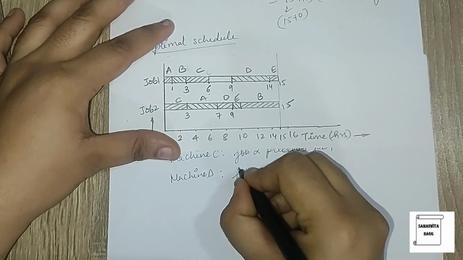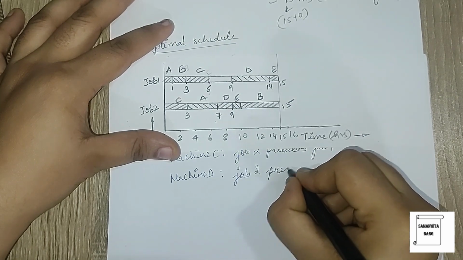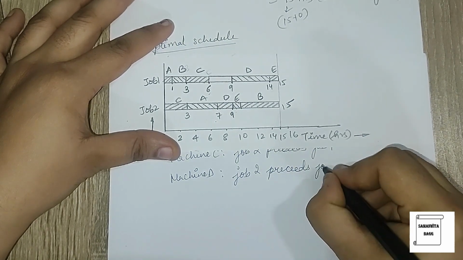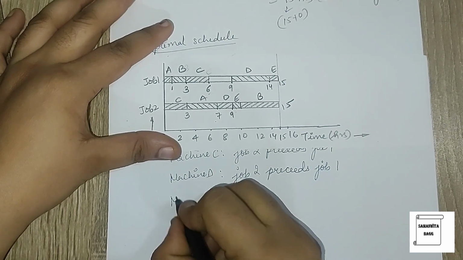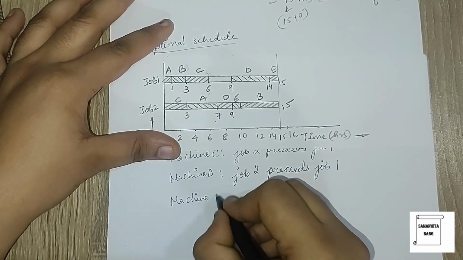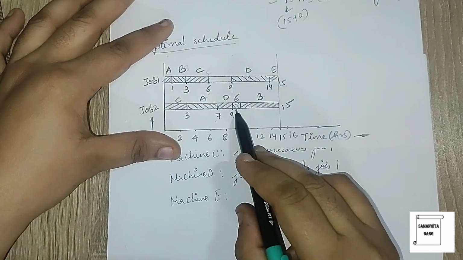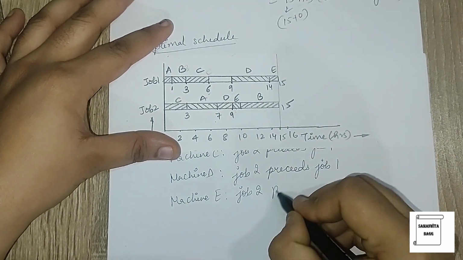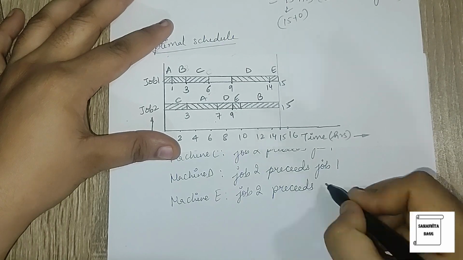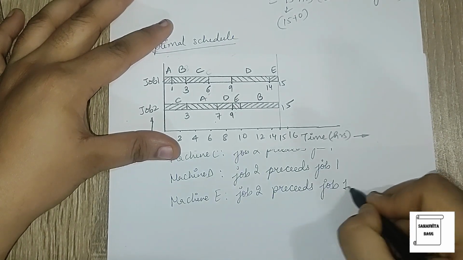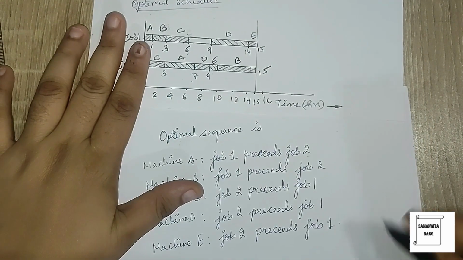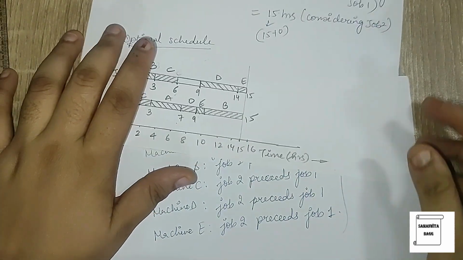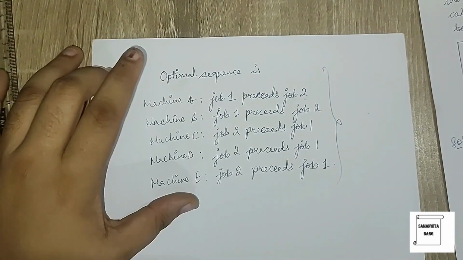So again I'll write down job 2 precedes job 1, and last for machine E, it will again do job 2 and then job 1. So I'll write job 2 precedes job 1. So this is your optimal sequence of doing the job.